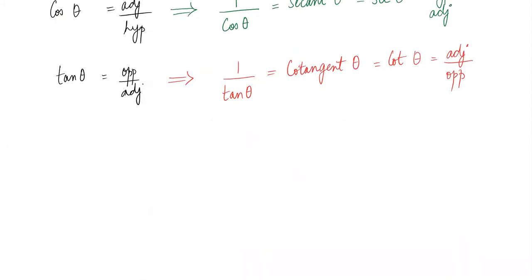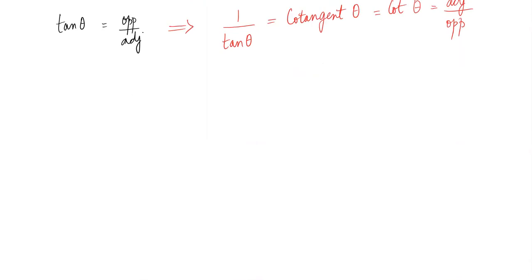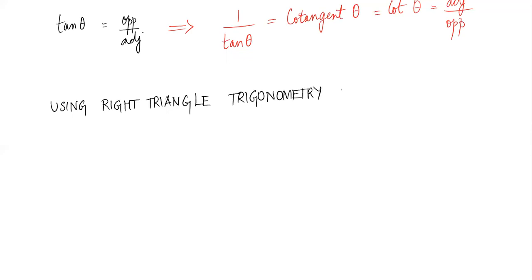So I have introduced to you the 6 trigonometric ratios. Now we will talk about using right triangle trigonometry in solving problems. When we say solving problems, this is problems related to the triangle.